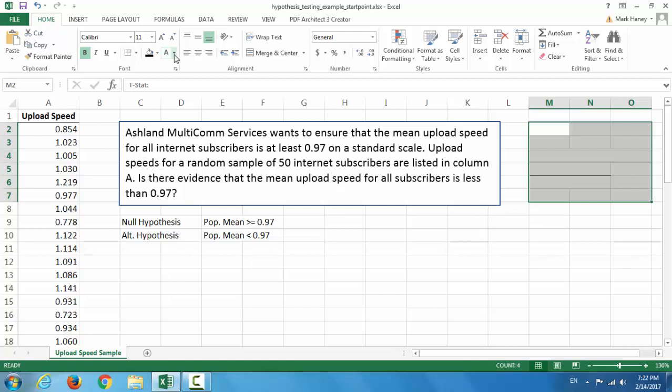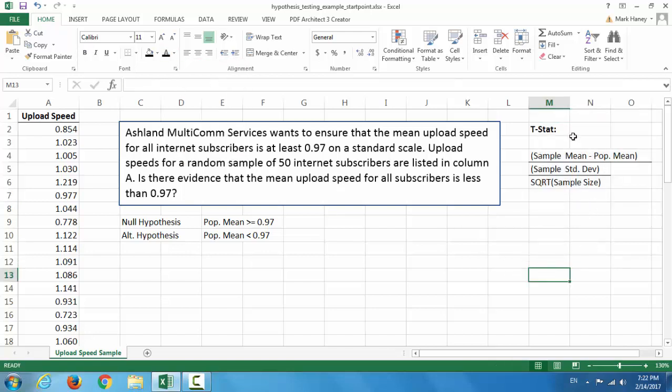Now I have it over here, formatted with white. In a t-test, you have a t-statistic, which is just the sample mean minus the population mean, divided by another term, which is the sample standard deviation divided by the square root of the sample size. So in order to calculate this t-statistic, we need to calculate the sample mean, the sample standard deviation, and the population mean and sample size are given.